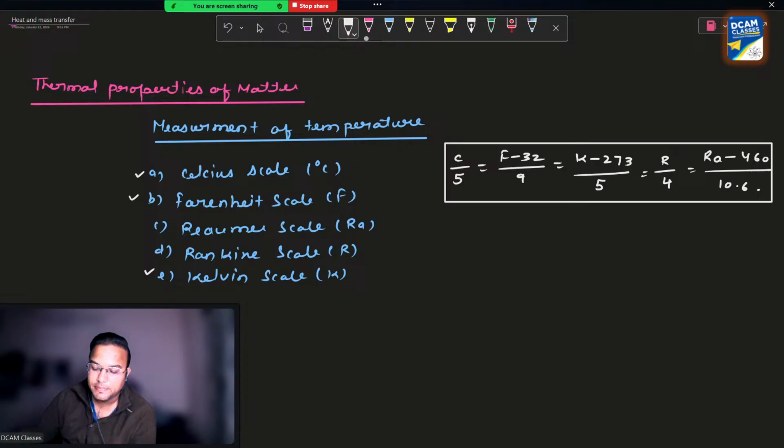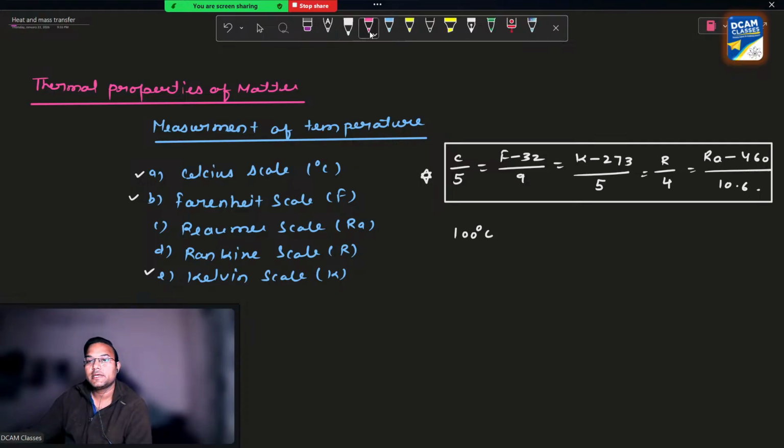Suppose, for example, the temperature I have given is 100 degrees Celsius. This formula is actually important to you to convert to various different scales.